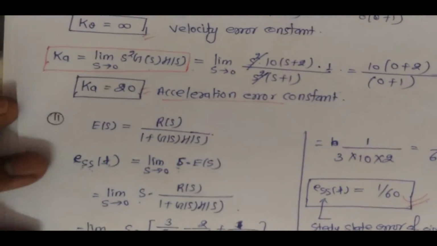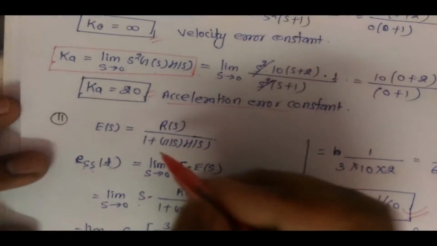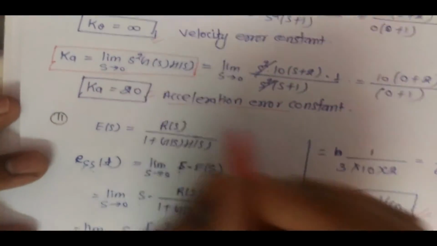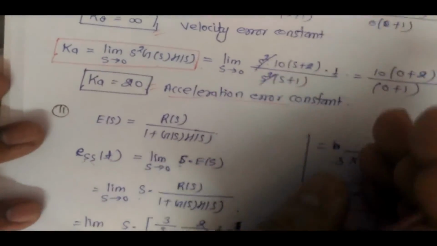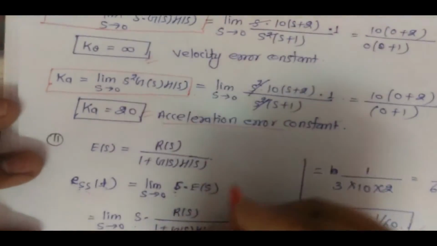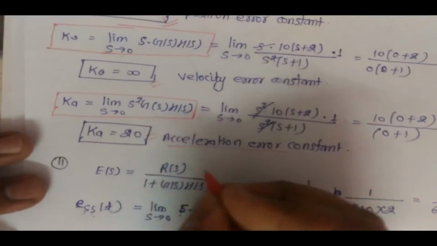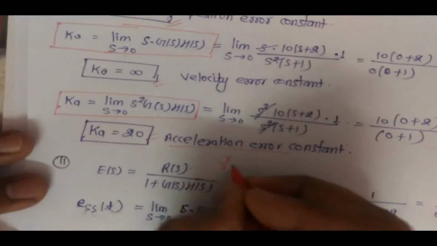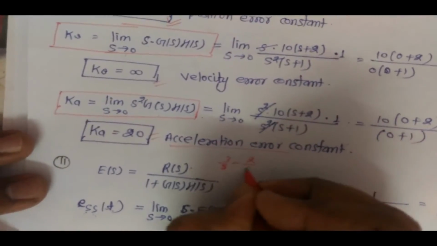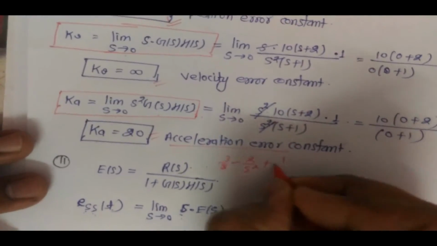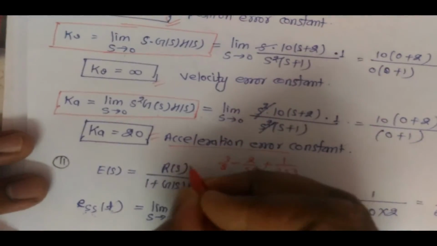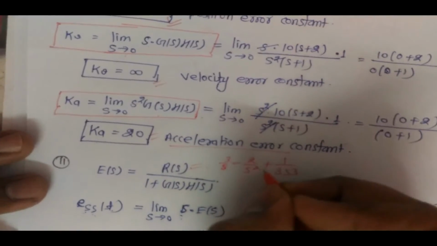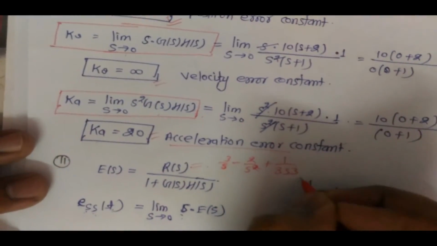In the second part the question asks, what is the steady state error when R(s) is 3 over s minus 2 over s square plus 1 over 3s cube?